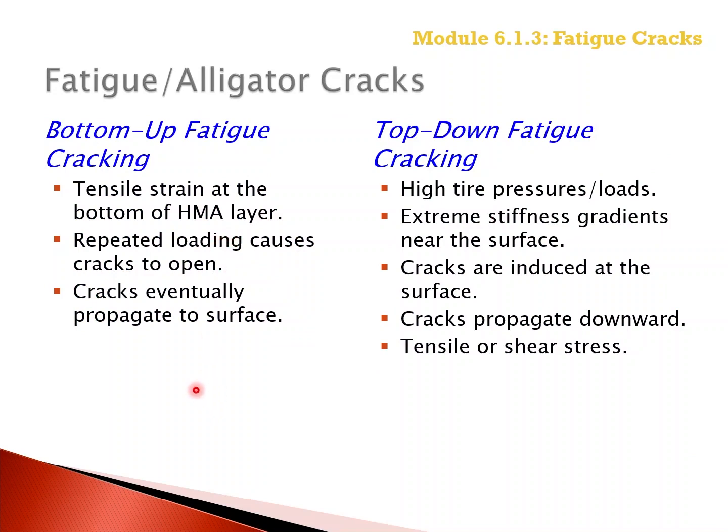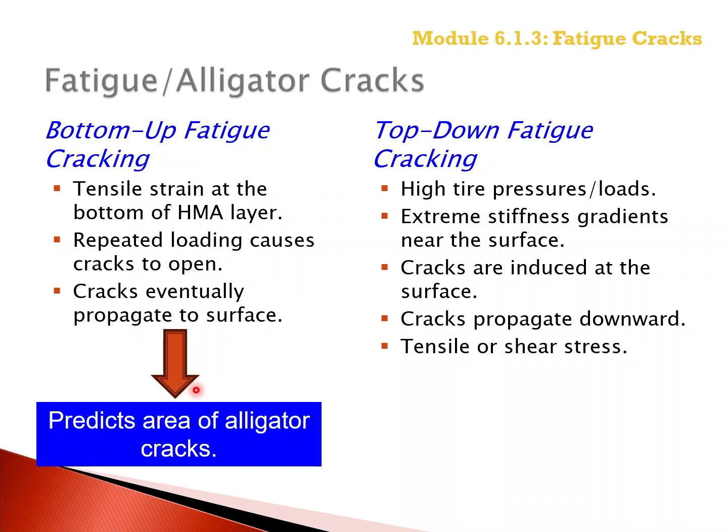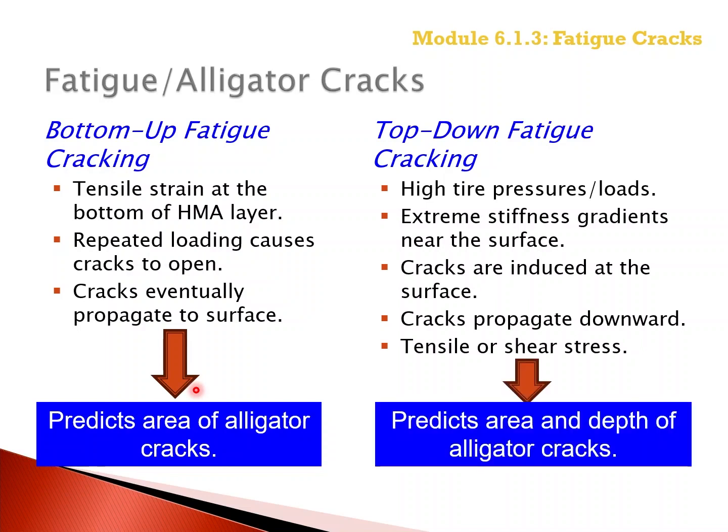Another difference between the bottom-up and top-down fatigue crack models in the PMED software is that the software predicts area and load-related fatigue cracks or alligator cracks for top-down, while it only predicts the area of alligator cracks for bottom-up. So for top-down cracking, the program predicts area and depth of the alligator cracks.